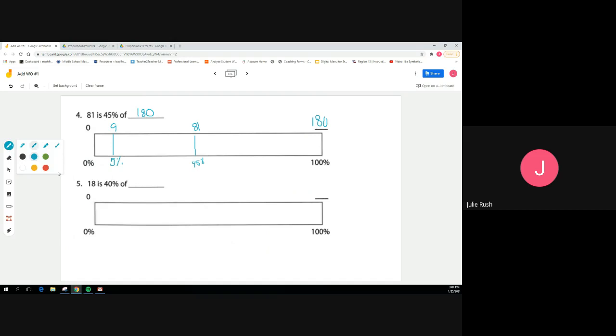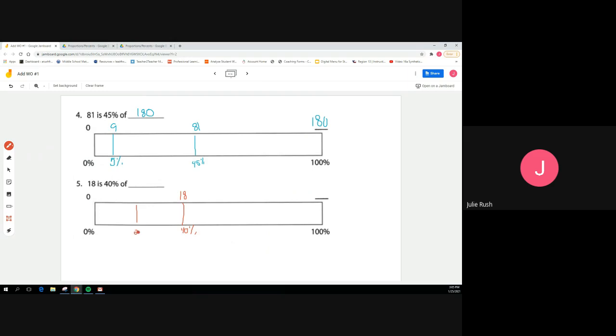And then last but not least, 18 is 40% of what number? So I'm going to eyeball my 40% right here, my given amount. And I know that that's 18. I'm going to divide in half, because I know both of these I can cut in half.